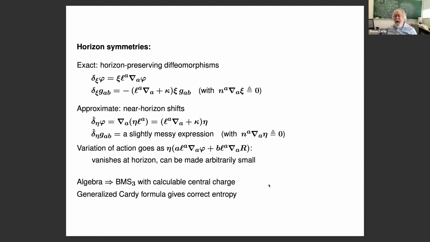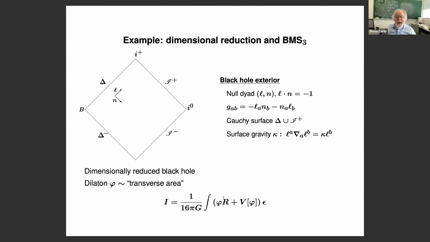There's another approximate symmetry, though. That has to do with the fact that the curvature and the dilaton itself are constant along the horizon. That's pretty much the definition of an isolated horizon. The dilaton corresponds to the area. An isolated horizon has a fixed area, and the geometry, the curvature along the horizon, remains constant.